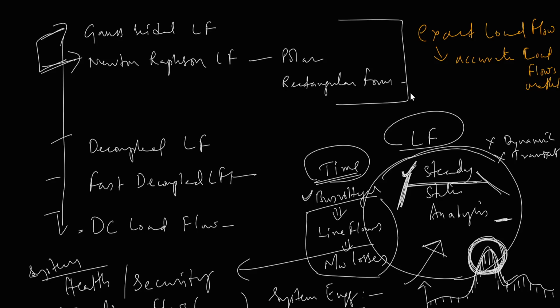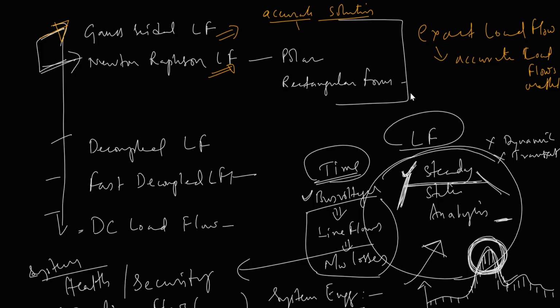Normally these two load flows have these characteristics. These two load flows give an accurate solution. Accurate solution means bus voltages will be exact, correct, once the solution converges.